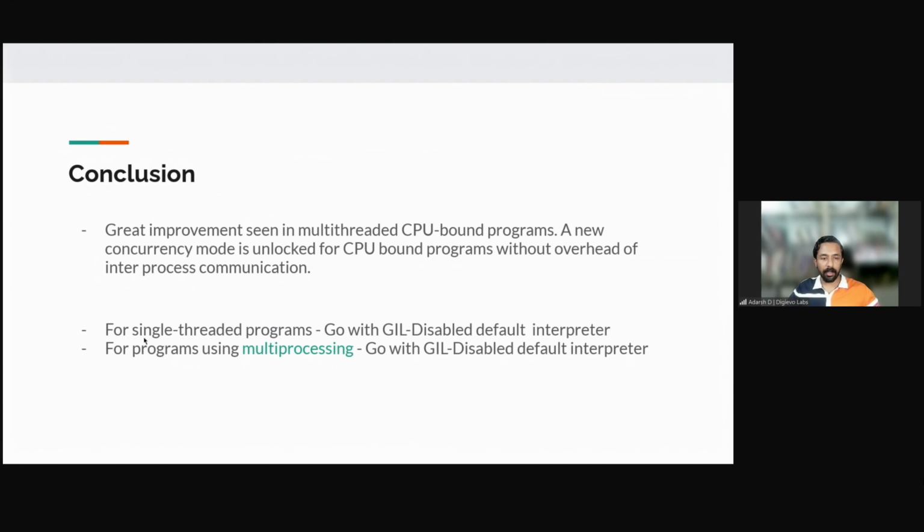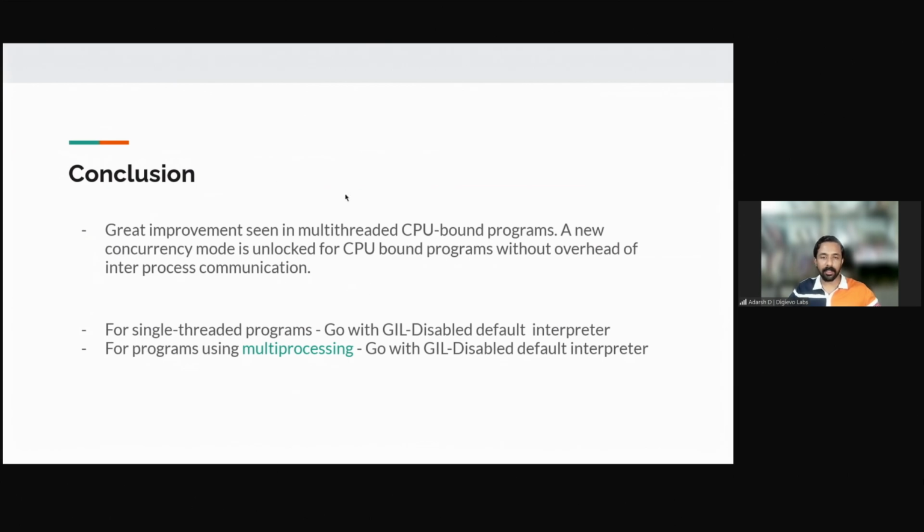If you have single threaded programs, we should go with the default interpreter. And if you are using multiprocessing as our concurrency primitive, we can go with the GIL disabled. If you are using multiprocessing, there won't be any benefit using the free threaded interpreter.